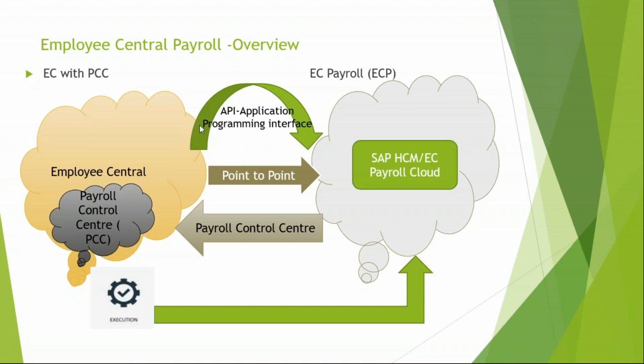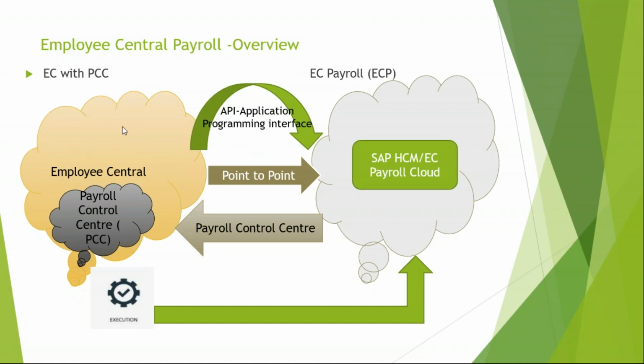For the EMEA data center, one standard URL is there. We need to use that URL, because when you get a license, your client will get a communication that your data center is so and so. So we need to use the data center, the company ID, and a user ID and password of a user who has authorization to read the data from EC and replicate it to ECP.